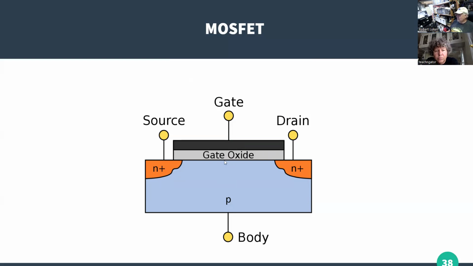And that's what's controlling the current that's flowing, the electrons going from drain to source, electrons going source to drain, or the conventional current going drain to source.